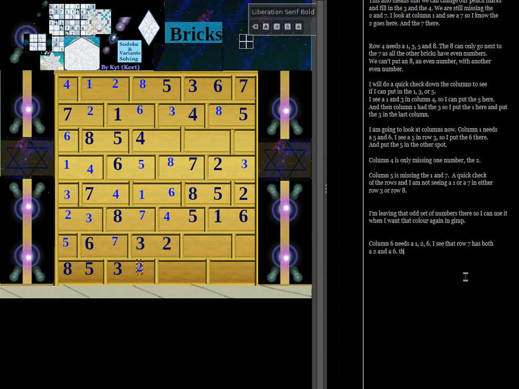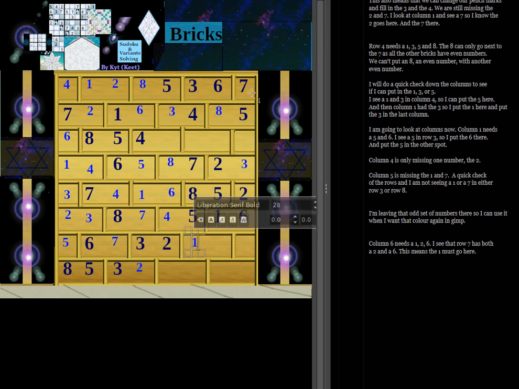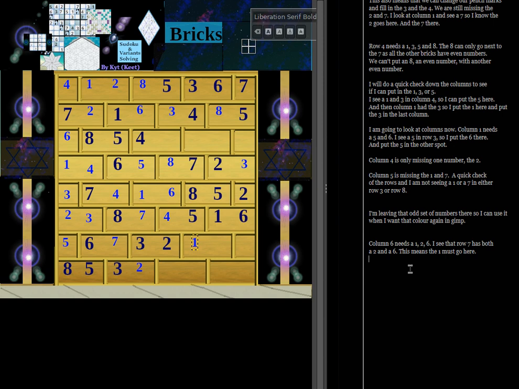This means the 1 must go here. This also means that I can easily put a 2 up in row 3 and the 6 in row 8.